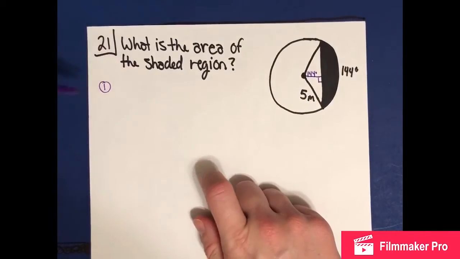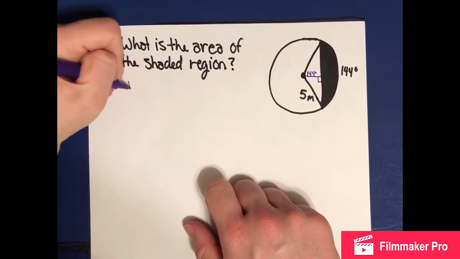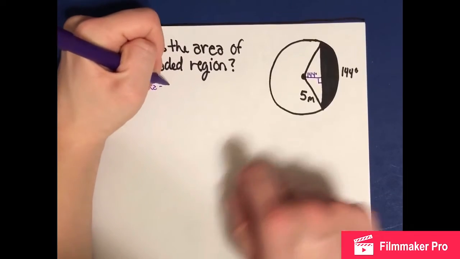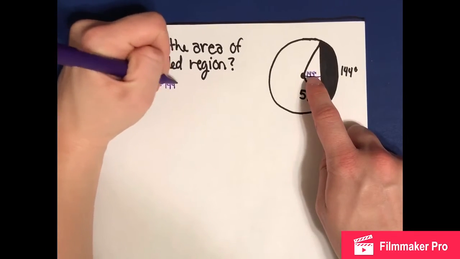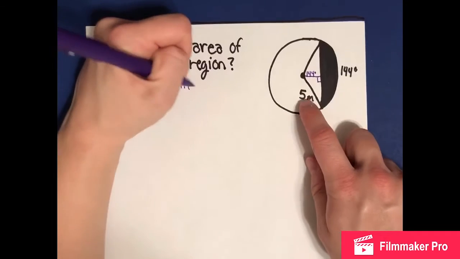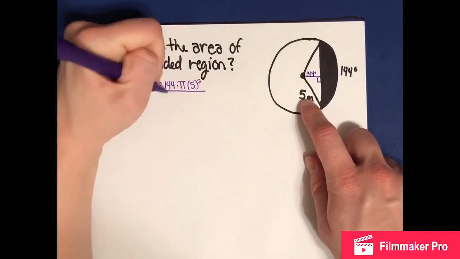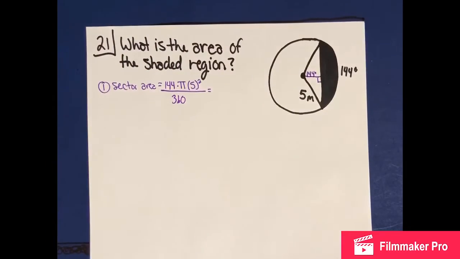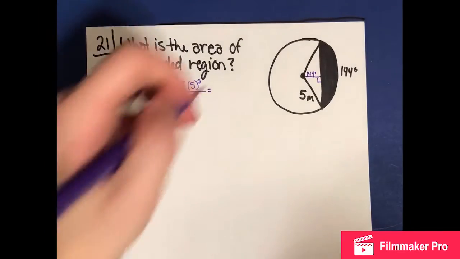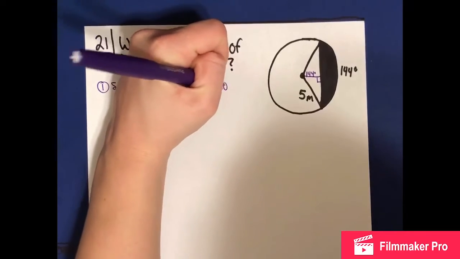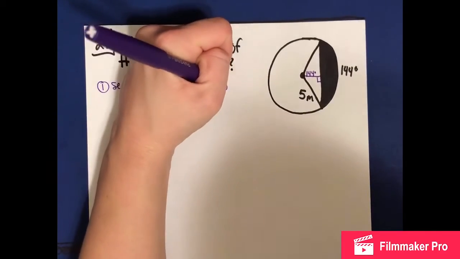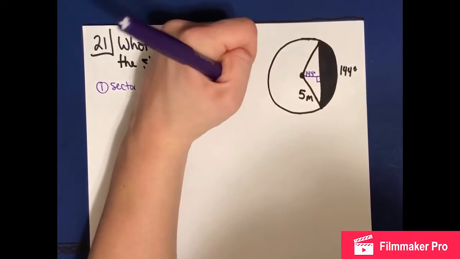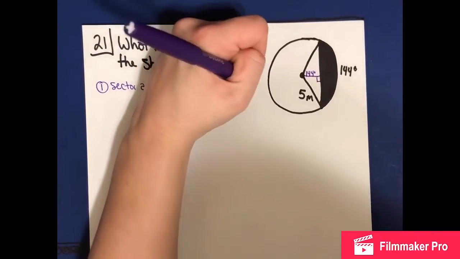Let's start with this sector area. Sector area is equal to, my degree is 144 times pi, my radius is 5, r squared over 360 equals, and when I do that, I get 3,600 pi over 360 equals 31.42.